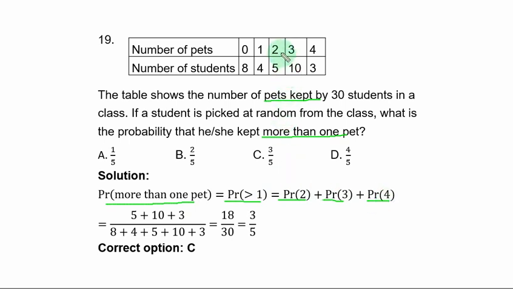Those that kept 2, they are 5. Those that kept 3, they are 10. Those that kept 4, they are 3, over total students. So you add in this form, that is 18 over 30, which reduces to 3 over 5. If you divide through by 6, C is the correct option.